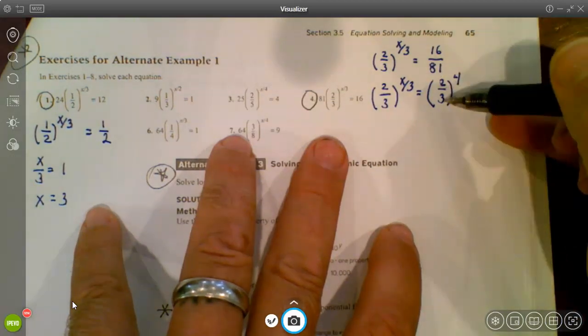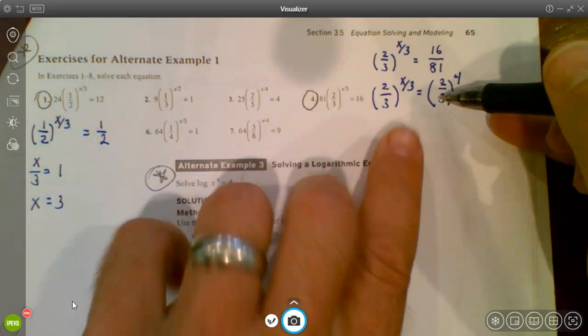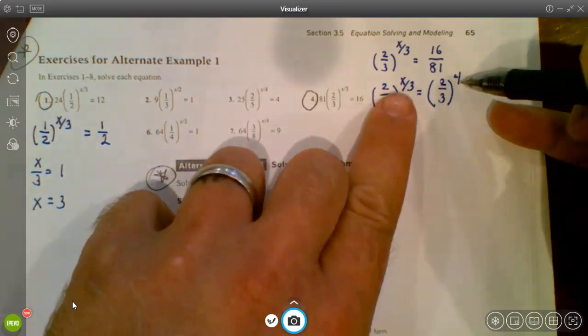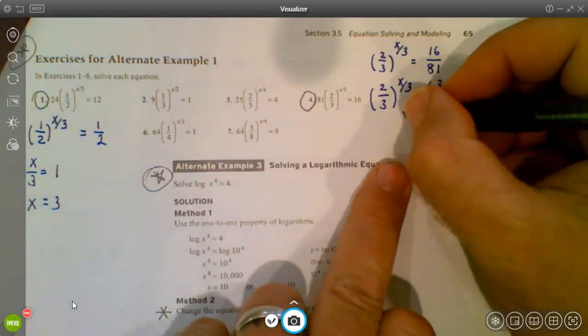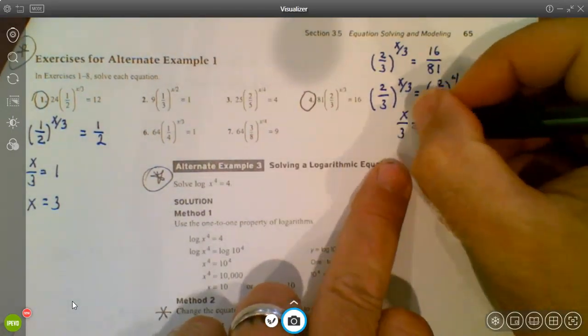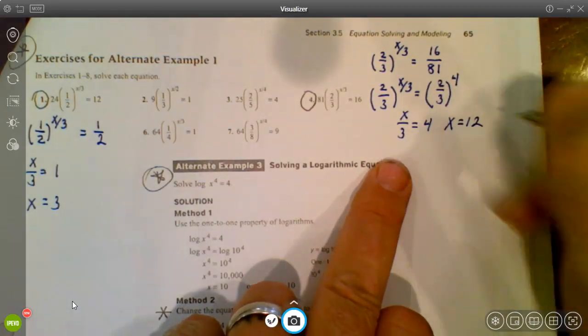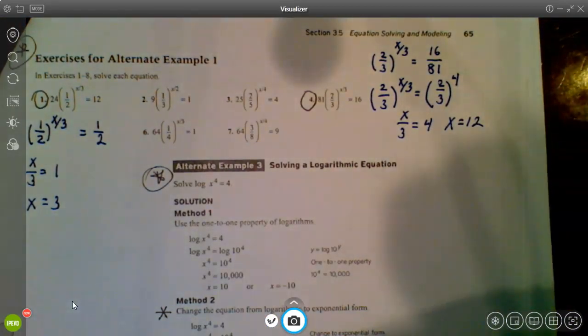This is still 16 over 81, but now I've written it in such a way to where these bases are the same. And if the bases are the same, must mean the exponents are the same. So now we can say x over 3 equals 4. Simple equation to solve to get our value for x. So that's kind of the path. When you can create common bases, it's a great way to go.